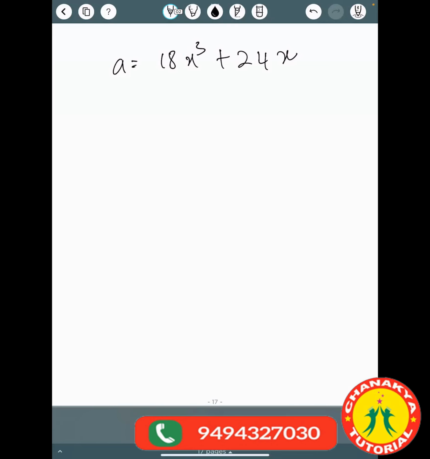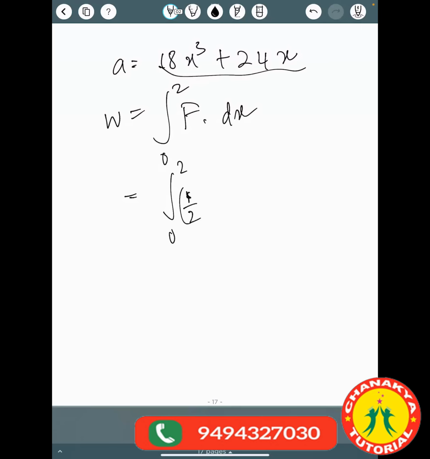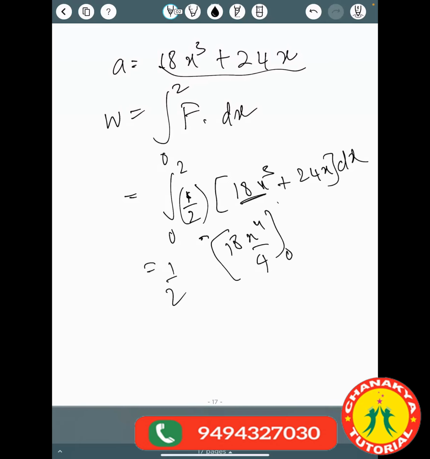Now my work done will be the integral of F dx from 0 to 2. F is equal to mass into acceleration. This is my acceleration. Mass is 0.5, 1 by 2 I can write, into 18x cube plus 24x dx. Integrate, guys. 1 by 2 I will take out. 18x cube means 18x to the power 4 by 4, from 0 to 2, plus 24 into x square by 2, from 0 to 2. Just substitute. 18 into 2 to the power 4 is 16, by 4, is 72.